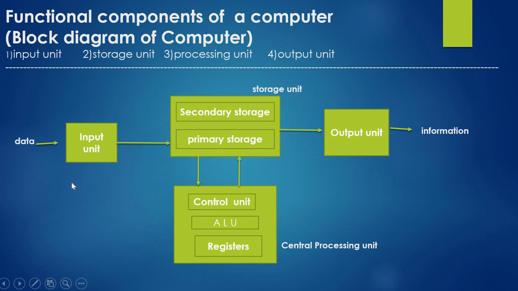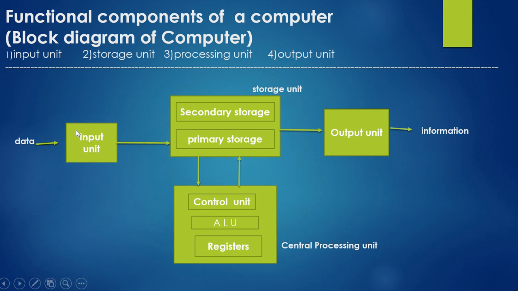Suppose we need to add 5 and 2. Then what is the binary conversion of 5? 101. 5 means 101. That is the binary form of 5. See, from here data means 5 and 2.